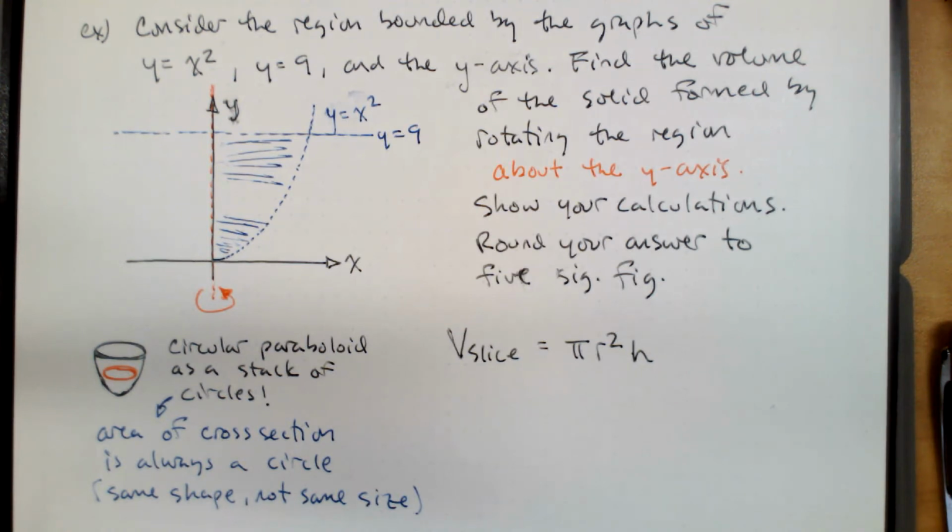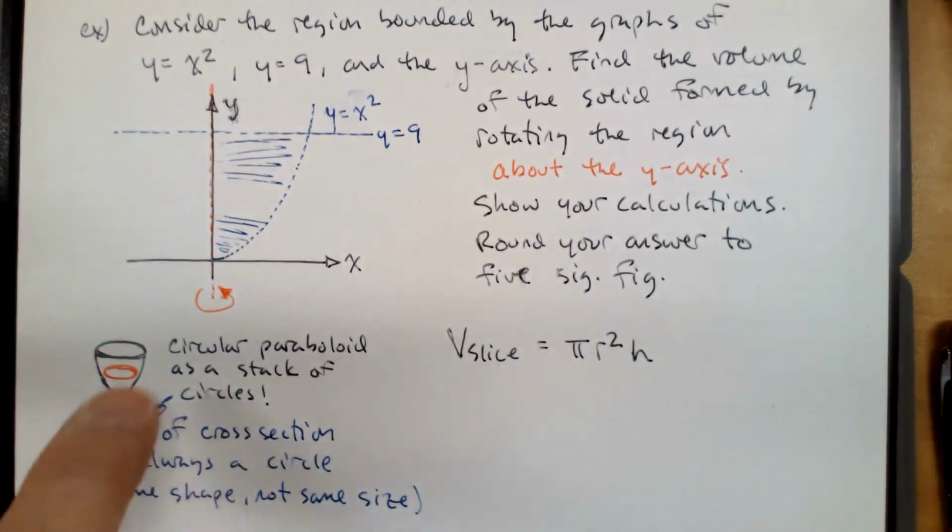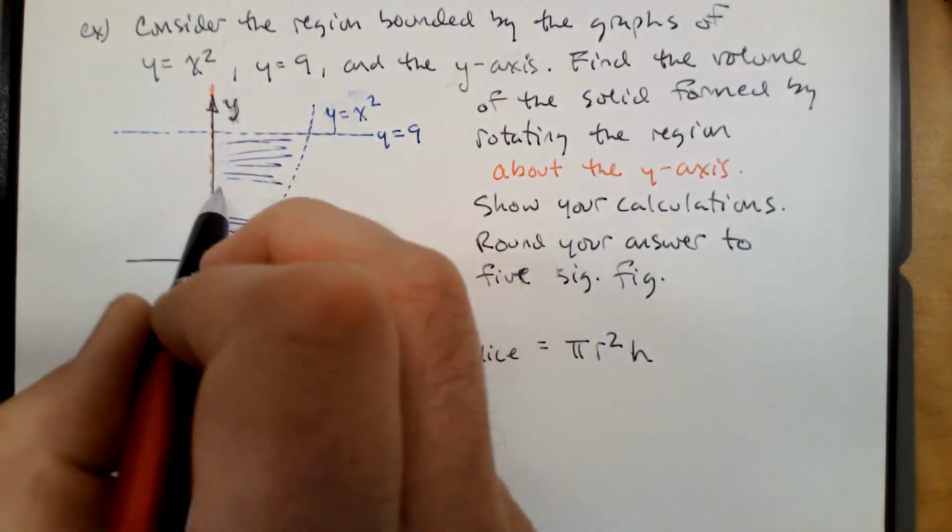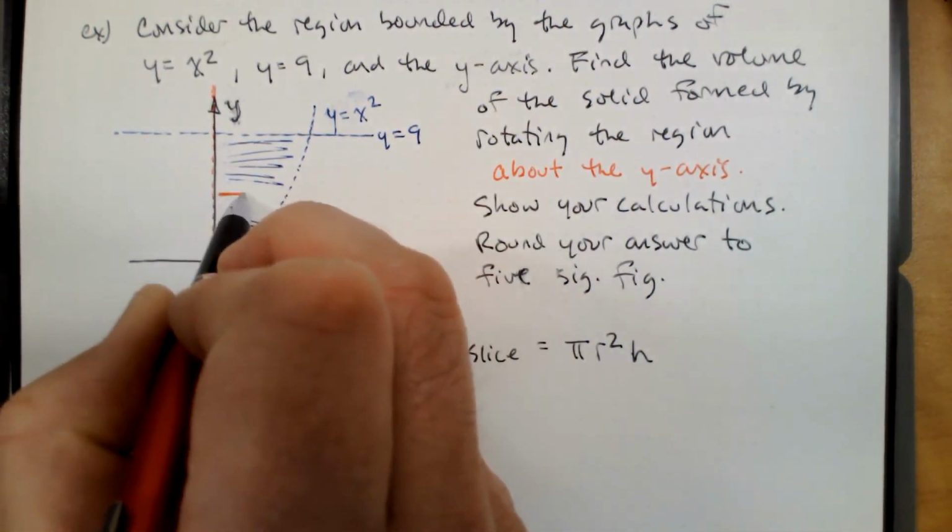So here's what we're going to do. I'm going to draw a typical slice. Here is a typical circle viewed from the side.